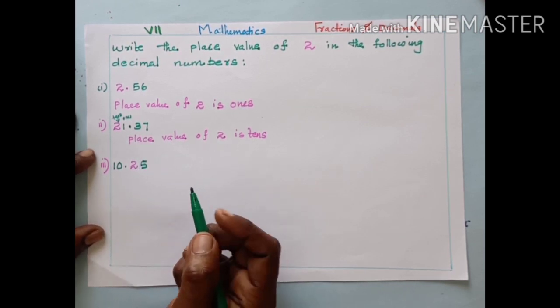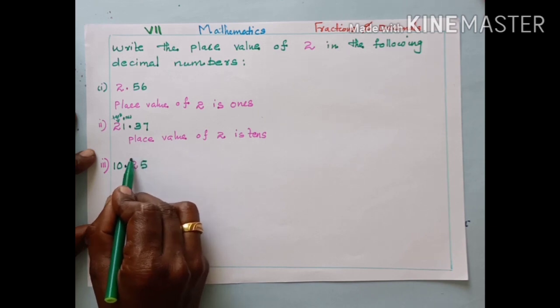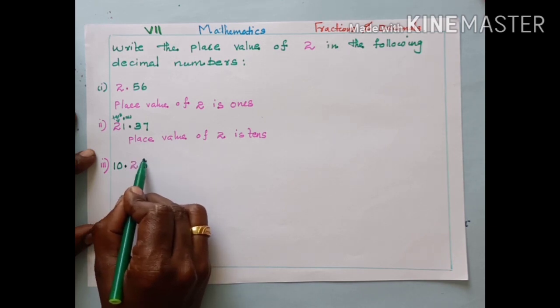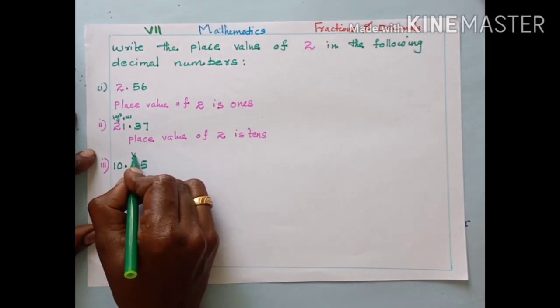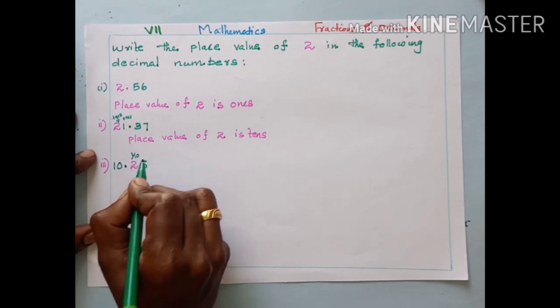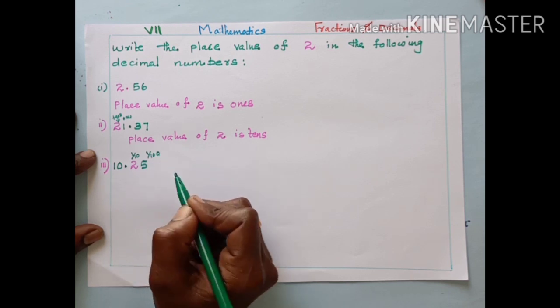10.25. See, here after the decimal point, this is a decimal part or fraction part. So, this is the tenths place, 1 by 10, tenths place. This is hundredths place, 1 by 100.